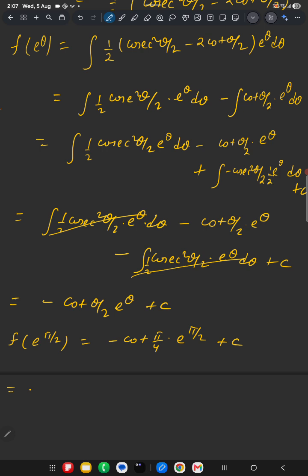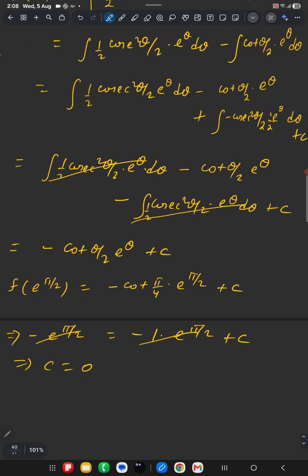This was given as minus e to the power pi by 2, and cot pi by 4 is 1, so the minus and e to the power pi by 2 plus c: these two will get cancelled, so c will be 0.